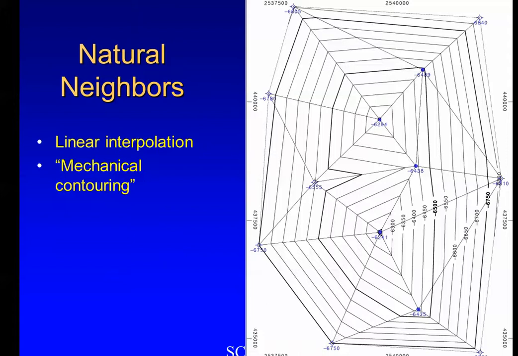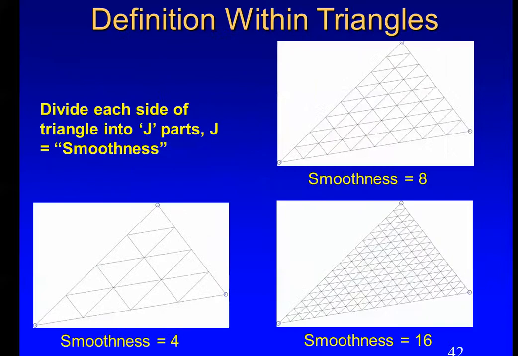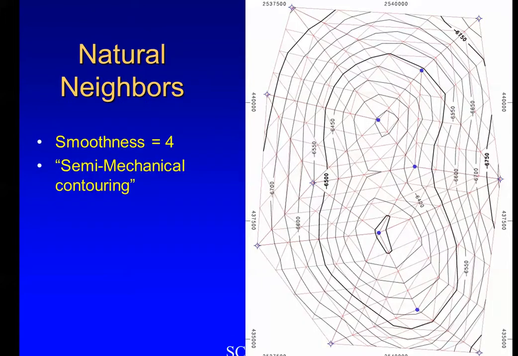So what can we do about that? But keep your eye on that triangle that's shaded. We can take the bigger triangles and break them down into smaller similar subtriangles based on a division of 4 lines, which we call a smoothness of 4, or a smoothness of 8, or a smoothness of 16, or a smoothness of 32. And as we begin to do that, we begin to see curvature develop within the map.